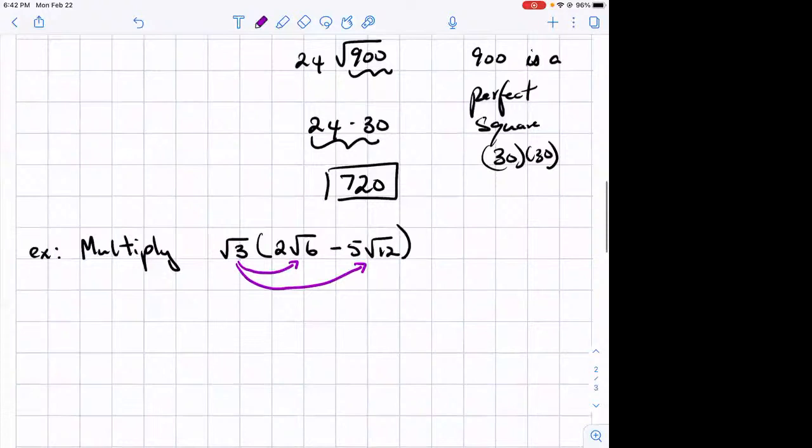Keep in mind there is a coefficient of 1 here. So 1 times 2 is 2, and radical 3 times radical 6 is radical 18. Then 1 times minus 5 is minus 5, and 3 times 12 becomes the root of 36.